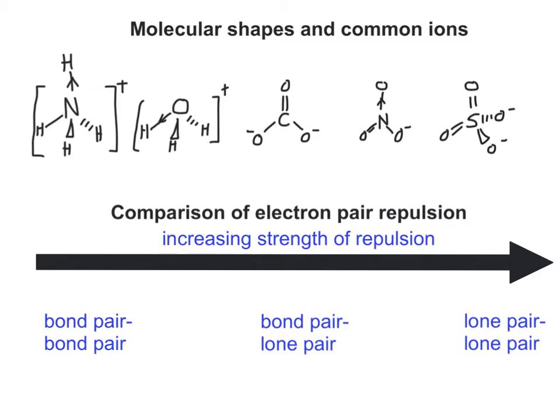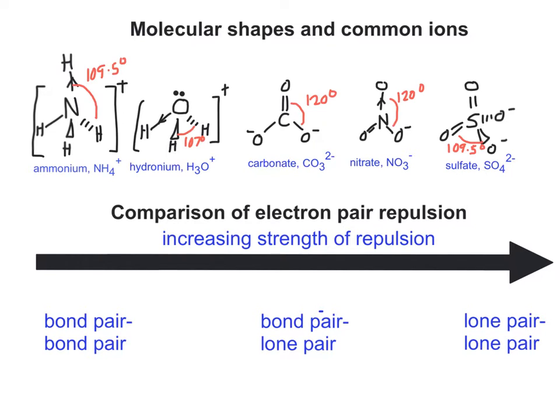So this screen hits 2 simple ideas in one. First of all, some common molecular shapes and ions together. We've got their names in blue, their bond angles now added in red, and also their shapes now in purple.